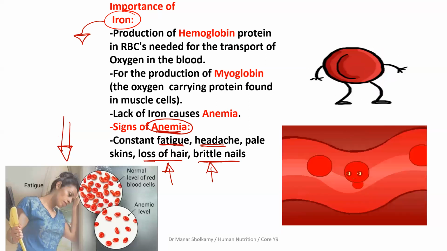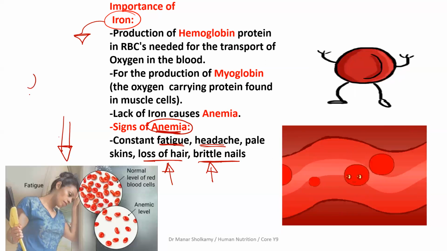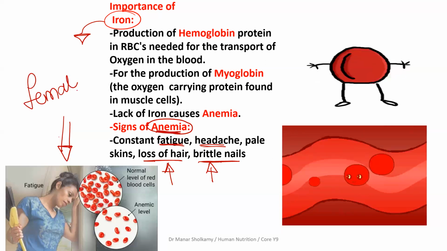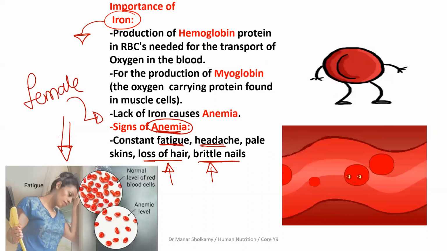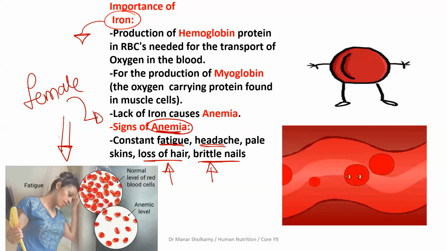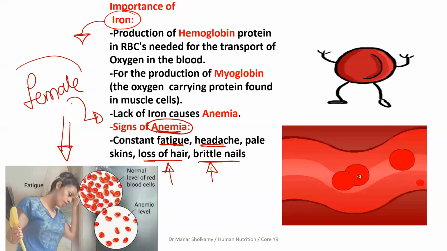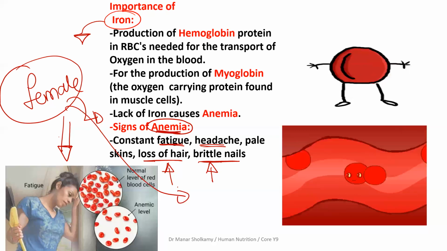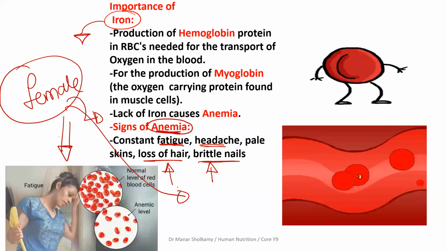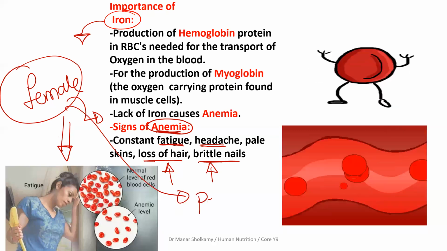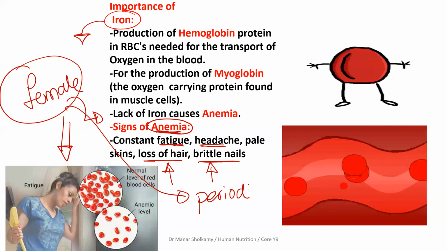Now, there's a common question that asks, why are females more prone to anemia than males? Because of the period, the blood they lose. Yes, excellent. Females, when they reach maturation, experience the menstrual cycle, which is a loss of blood every month.